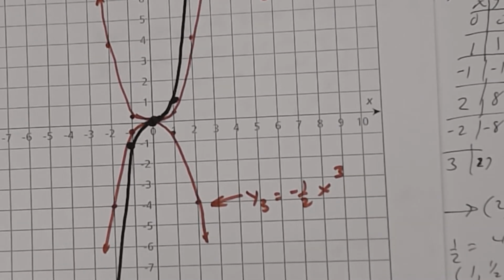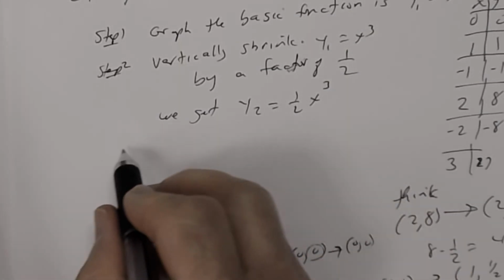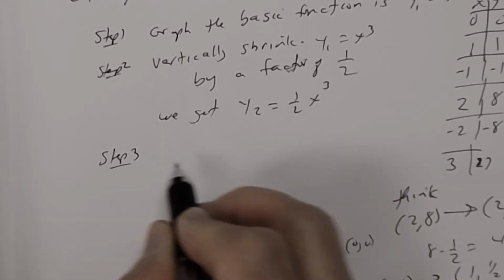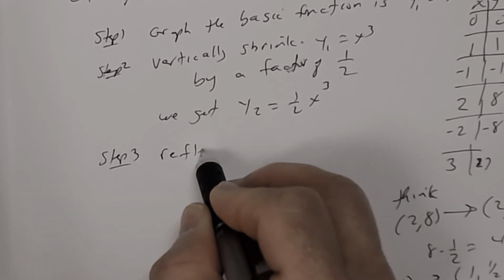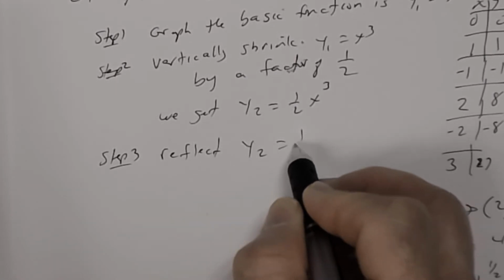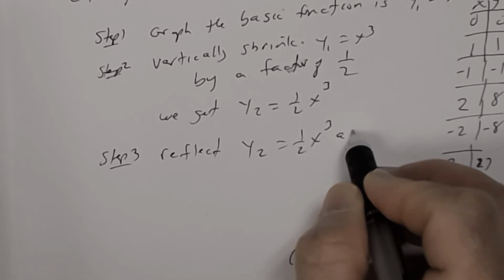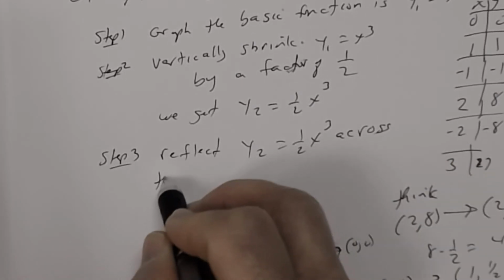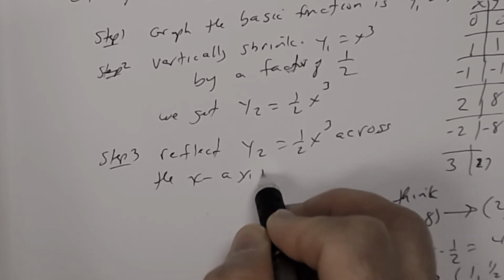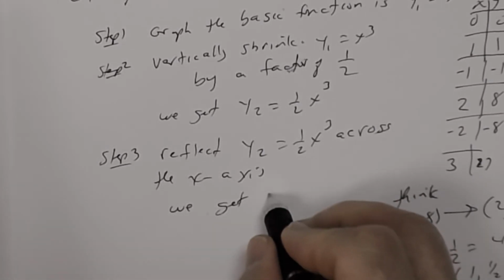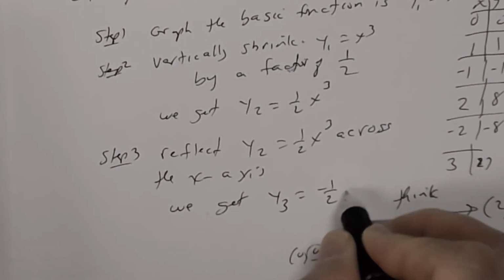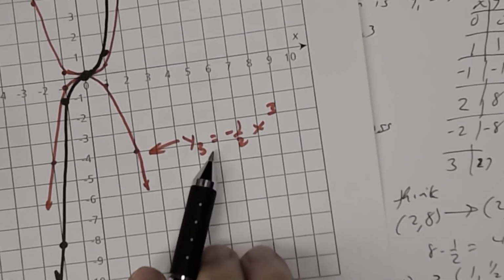Step 3 is a reflection: you reflect y2 equals 1/2 x cubed across the x-axis, and we get y3 equals negative 1/2 x cubed. And that's what this was.